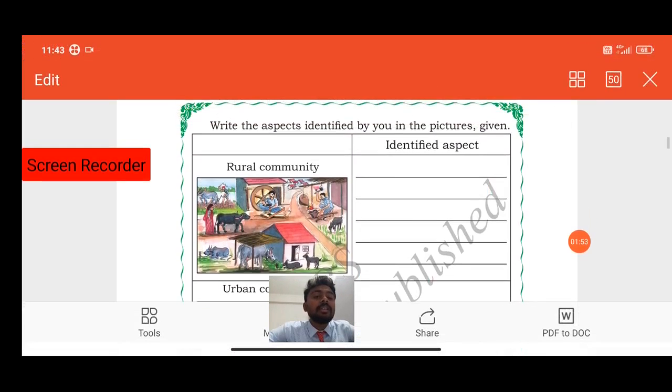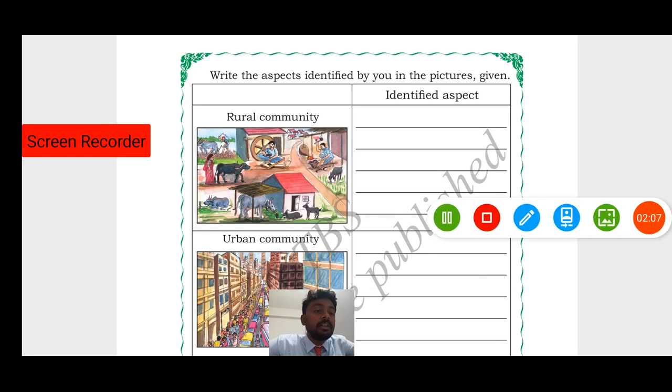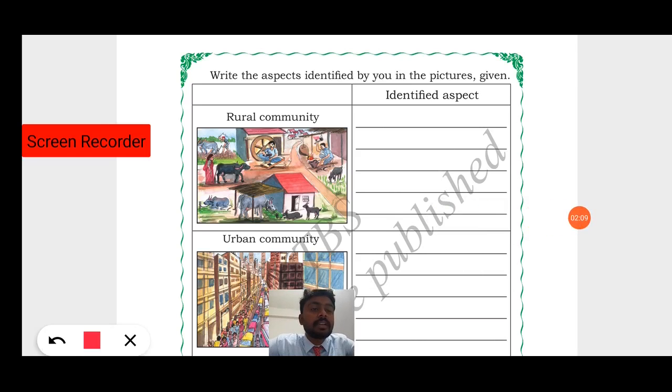Okay, now identify the aspects. In the first picture, you write in your notebook. First one, what do you see in that picture? Human beings. You write human beings. Next, agriculture processes.